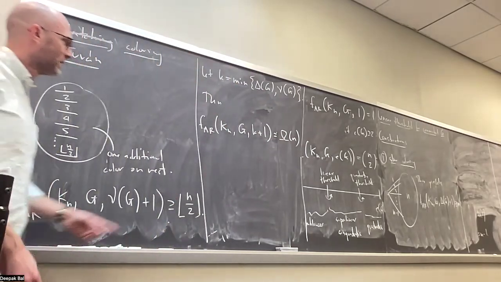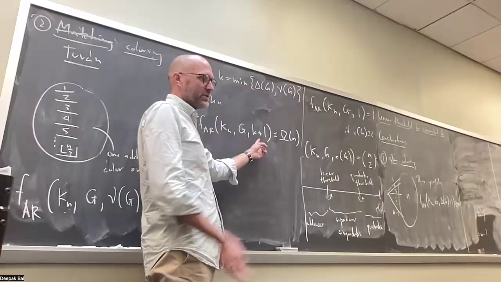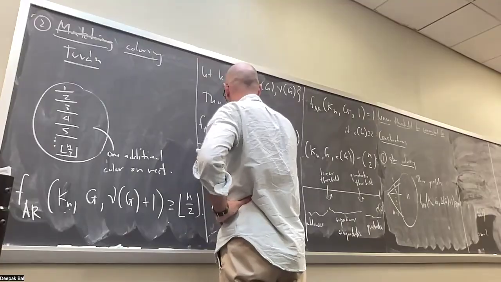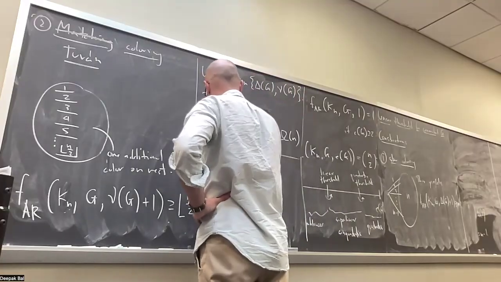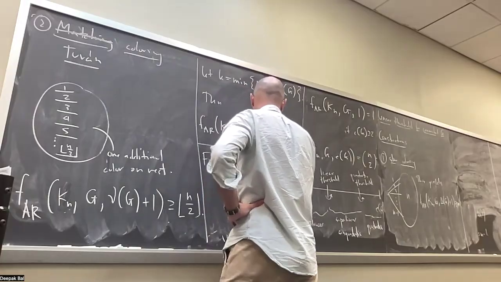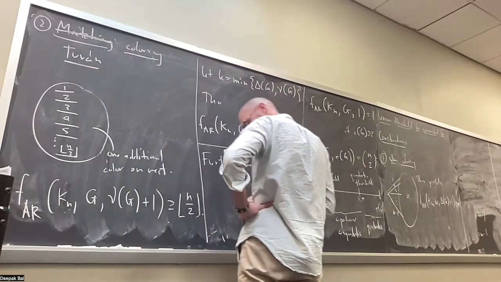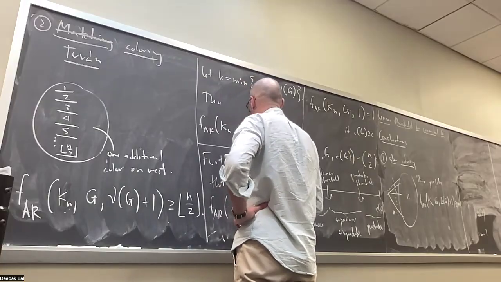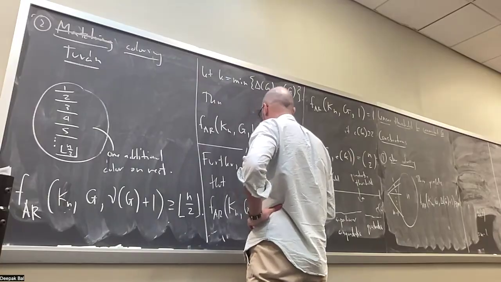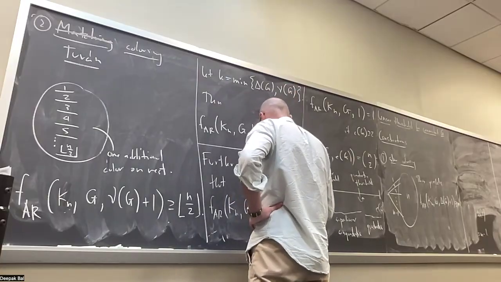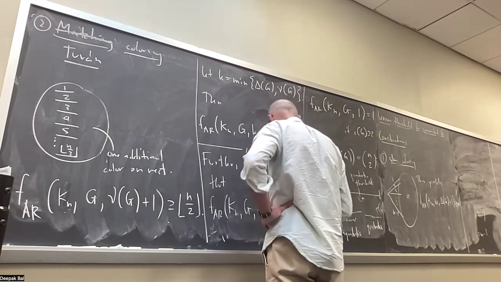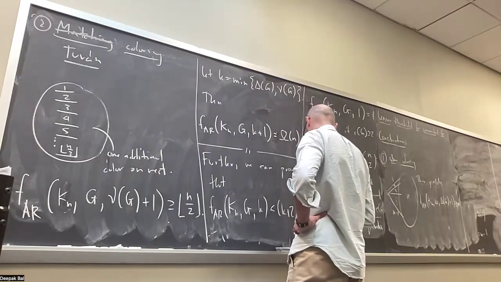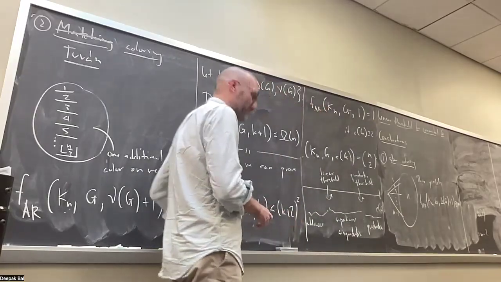Okay, so the question is, is this the actual transition spot? And it turns out that it is. Further, FAR of K N G at K is less than something like, I think we do k plus 2 times k plus 1 actually.